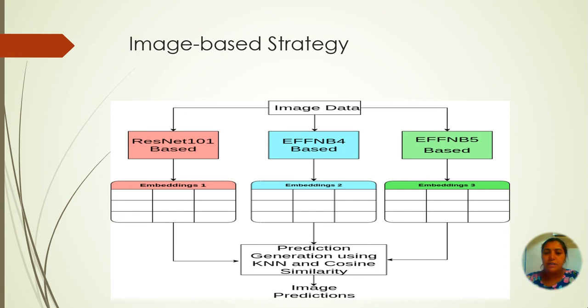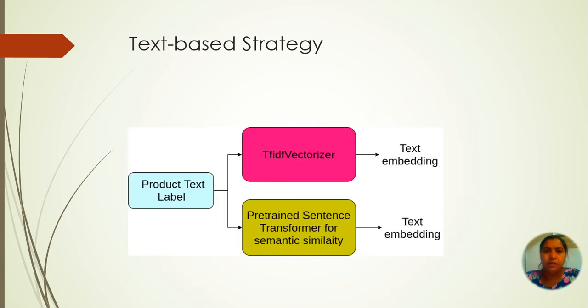After that, the machine checks which algorithm is best. Here I will use the KNN algorithm and cosine similarity for product matching, and then it predicts the image. I will cover this in depth later.